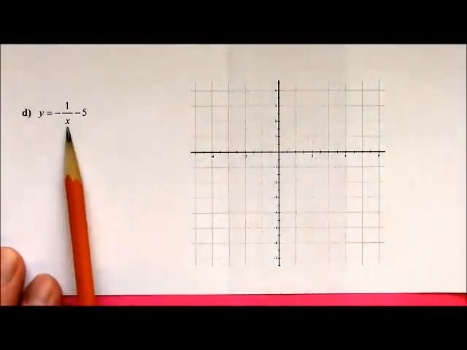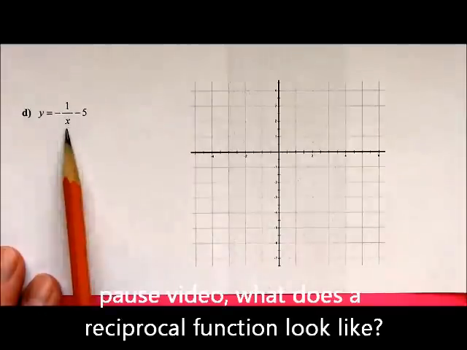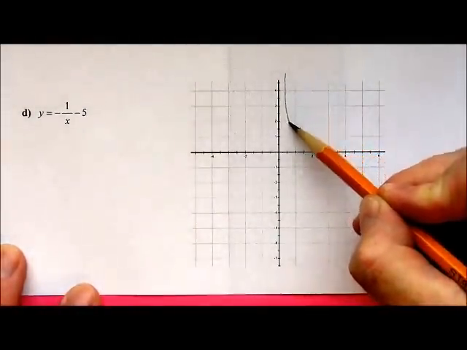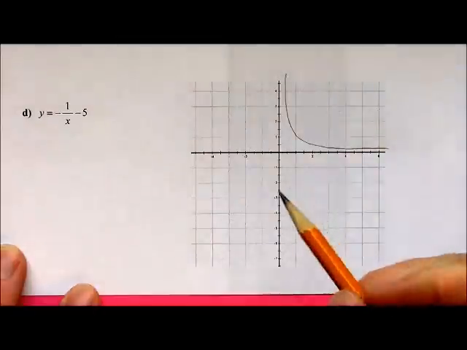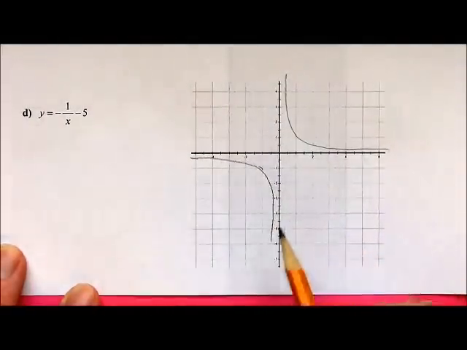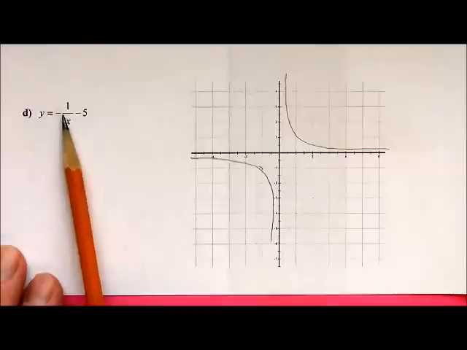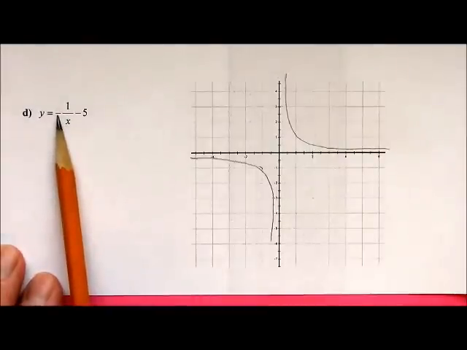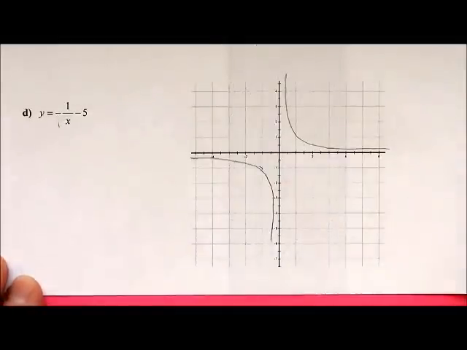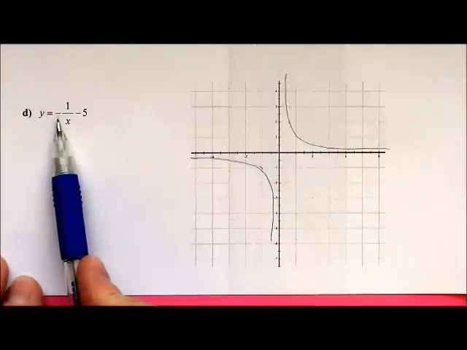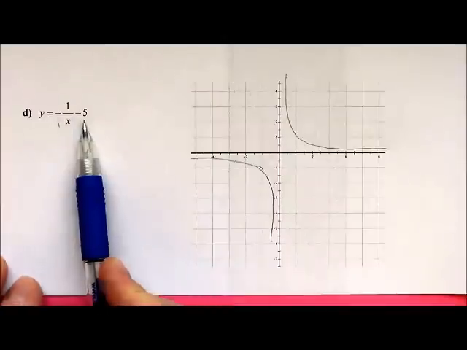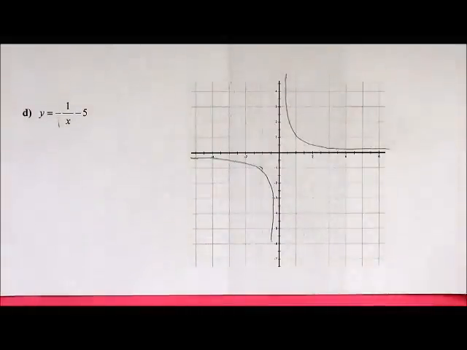We see this is a reciprocal function, 1 over x, which basically looks like this. This is a rough sketch. And here we see that negative would be a reflection in the x-axis, and this negative 5 then a vertical translation down 5 units.